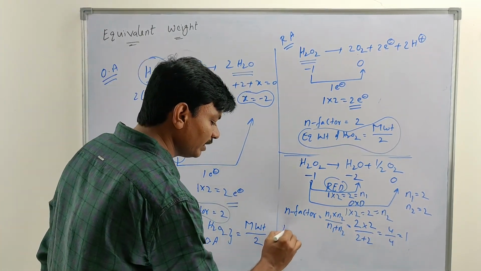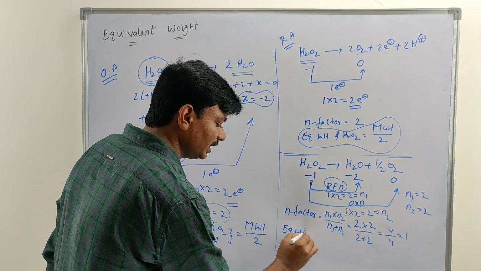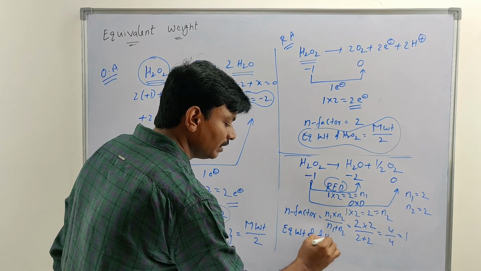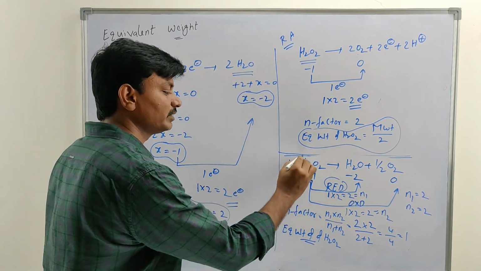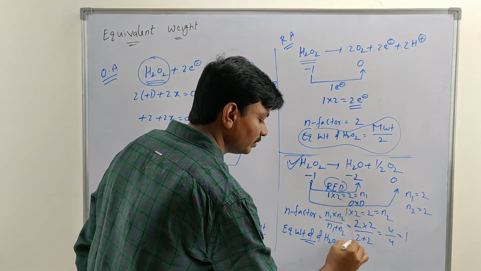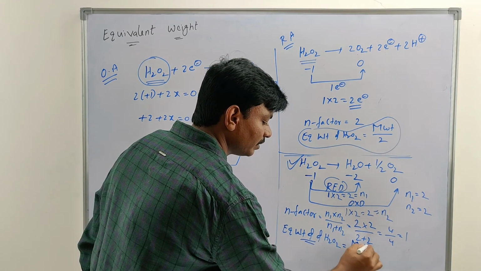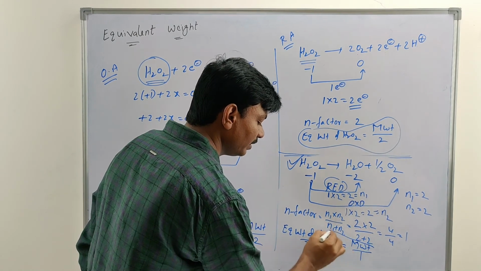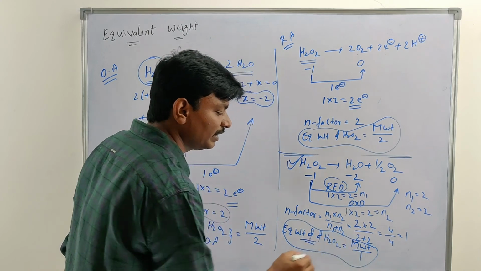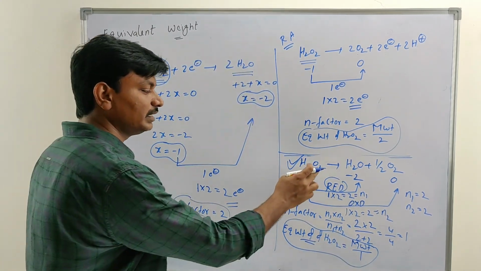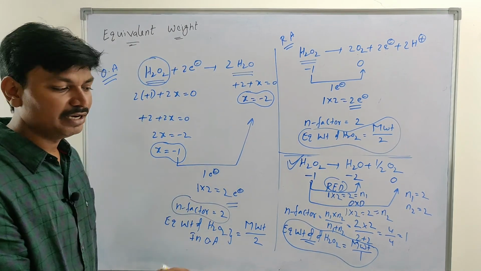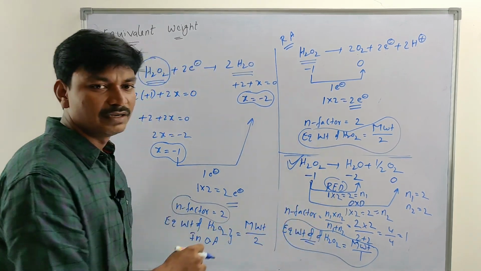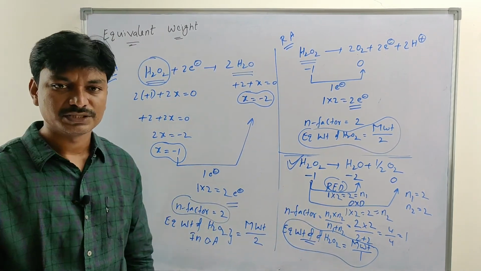Then its equivalent weight of H2O2 in disproportionation reactions is equal to the molecular weight of H2O2 divided by only 1. That is, the molecular weight of H2O2 equals 32 plus 2, 34 by 1. That is the equivalent weight of H2O2 in the disproportionation reaction of H2O2. Clear?